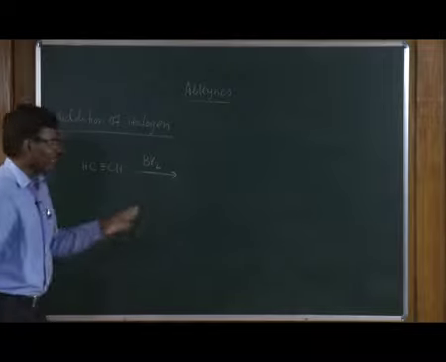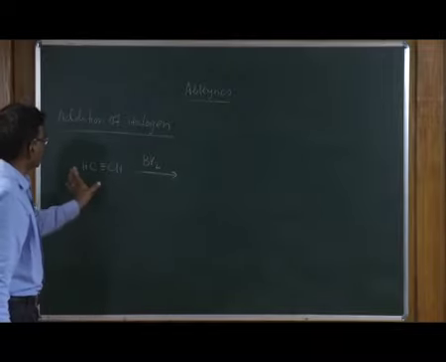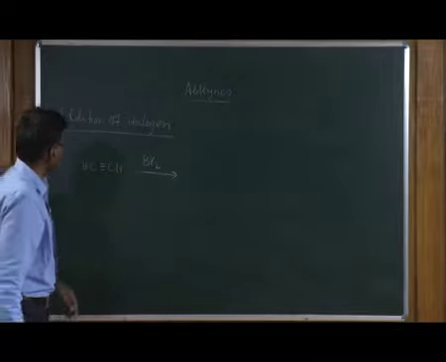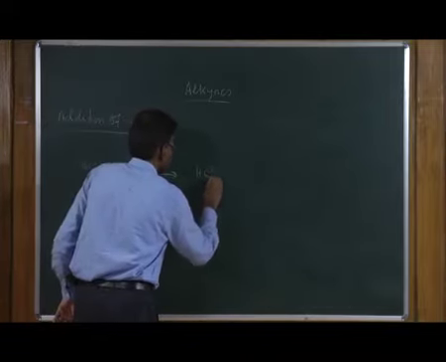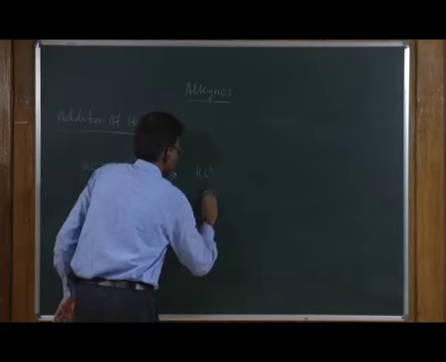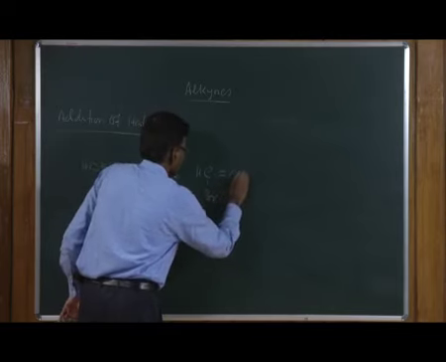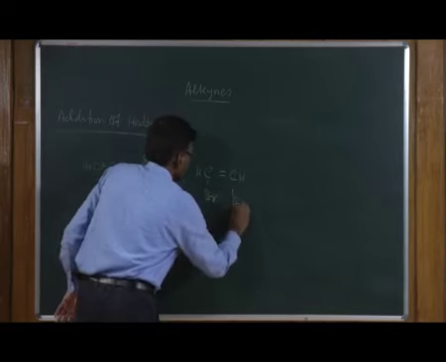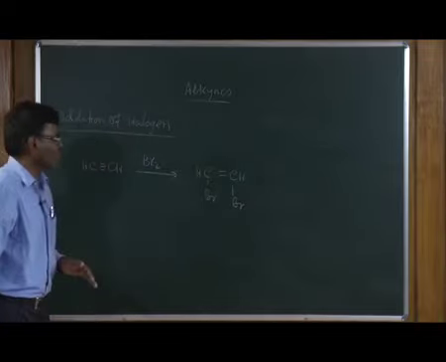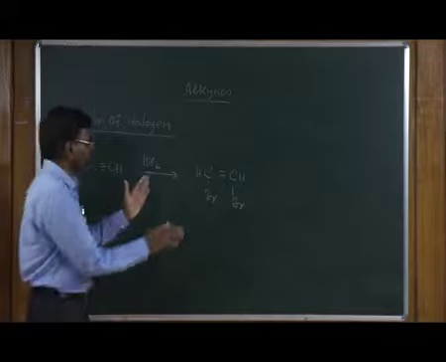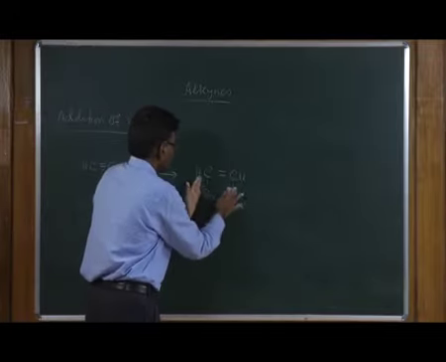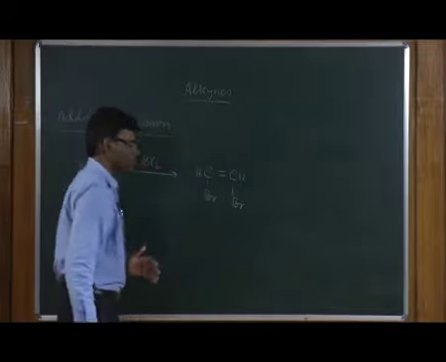When you treat, for example, with bromine, it can undergo addition across the carbon-carbon triple bond. You can form 1,2-dibromoethene. So, in this case, both vicinal carbons have bonded with bromine.